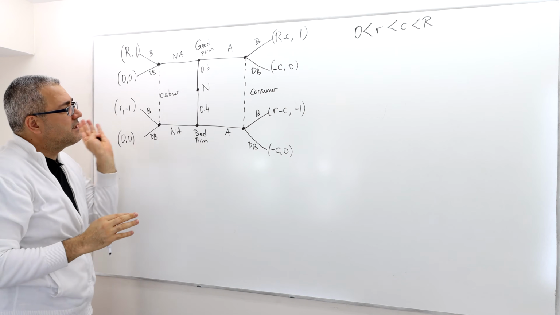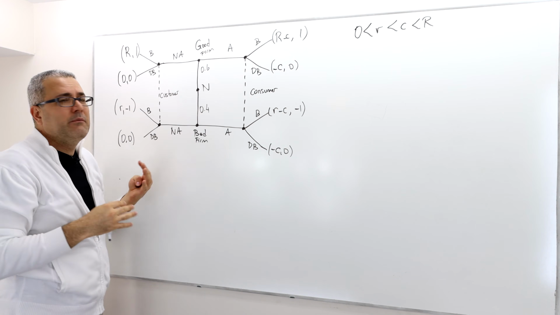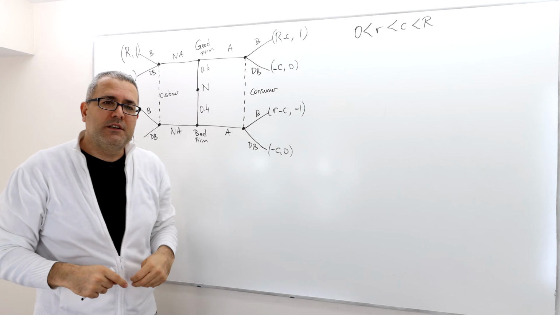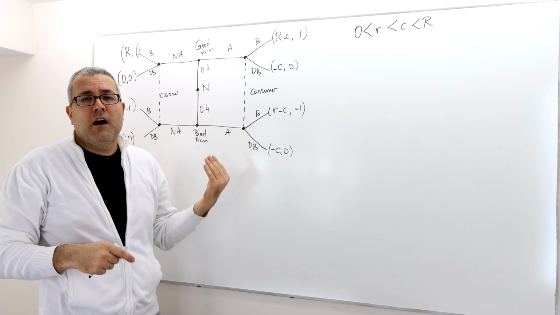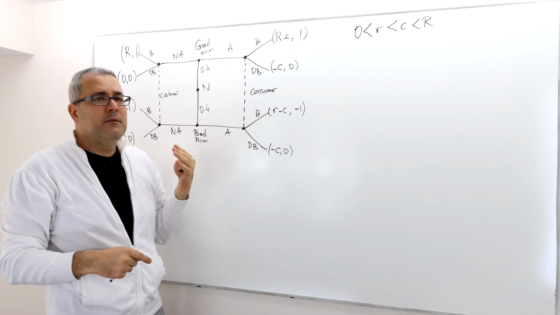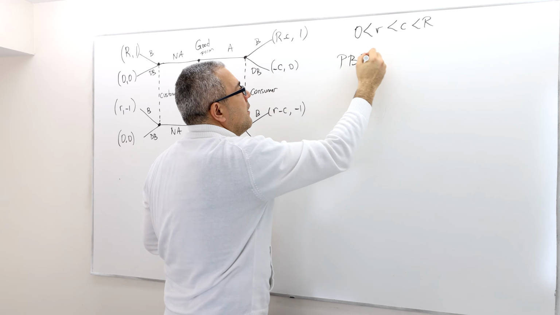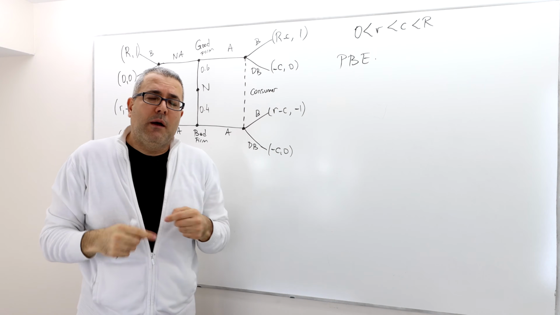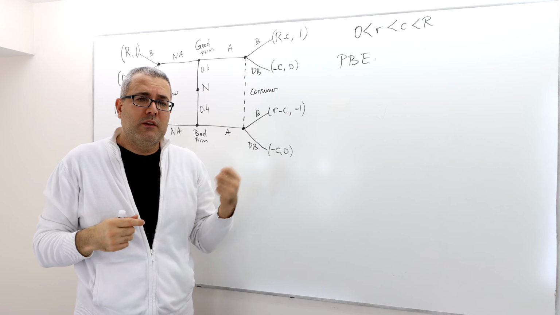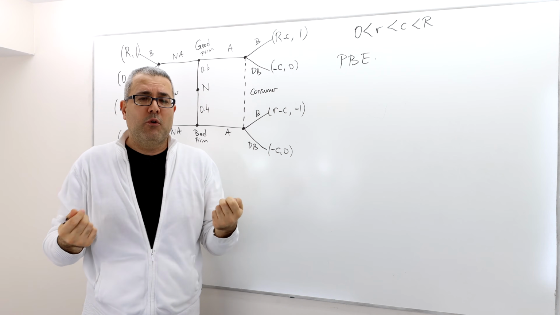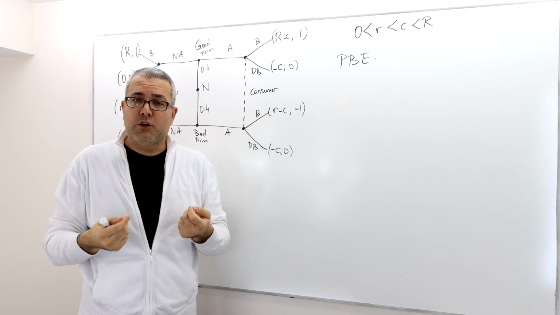All right, so that's the game structure or game tree. And this is the assumption for the parameters, and the question was: find all perfect Bayesian equilibria of this game. Now I'm going to first work on the separating equilibrium of this game, and then in the next episode I'm going to solve the pooling equilibrium of this game.